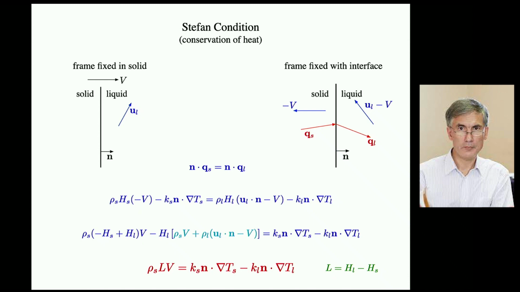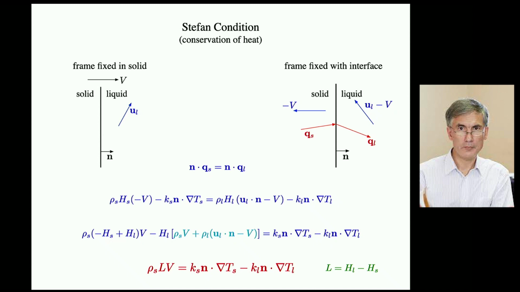It's much easier to work in a frame of reference where the geometry, the picture, is fixed, and we can do that by moving to a frame of reference where we move ourselves, we move our camera with that phase boundary. And as far as I'm then concerned as the observer, the solid is receding behind me at the solidification rate v, and the apparent fluid velocity has also been modified by that solidification rate v.